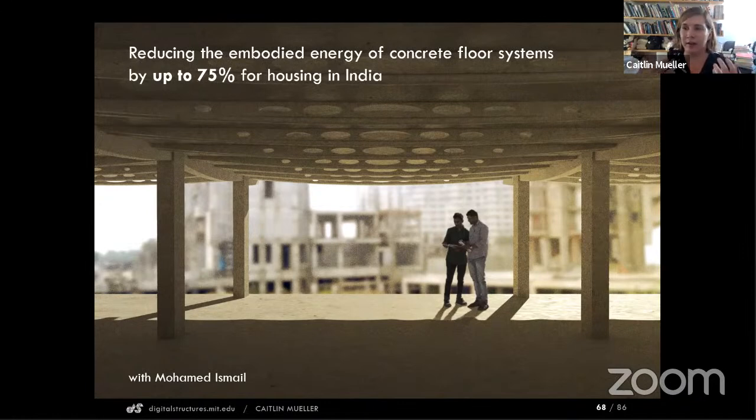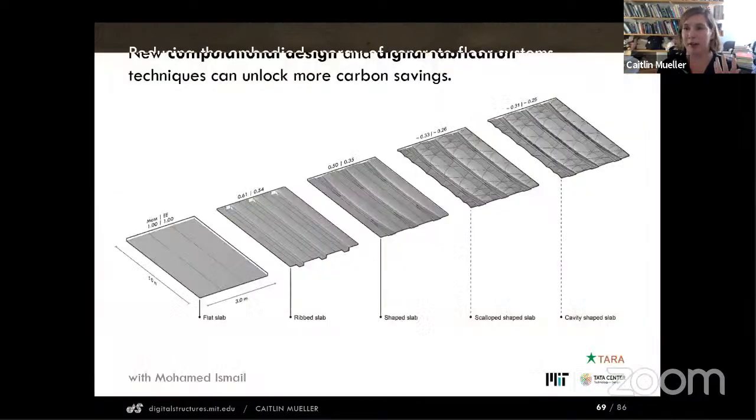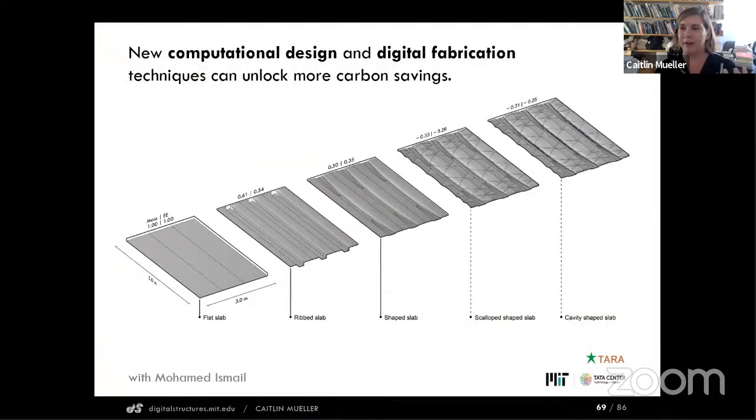But in our work, we've seen that because this is so impactful from an environmental perspective, it's really worth considering. And it can be a spectrum. We're developing platforms where if you don't want to go all the way to the most complicated sculpted shape, you can still start to use these ideas of material efficiency to dematerialize your system.